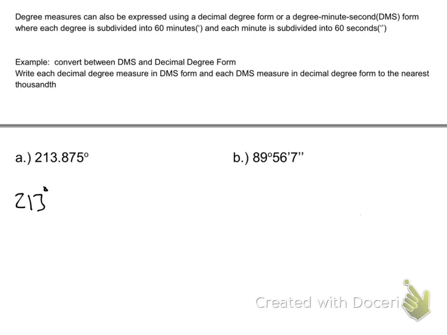So what you need to do is ask, how many minutes are going to be used of 0.875? We got our degrees. I'm now going to take 0.875 and multiply it by 60 minutes per degree.